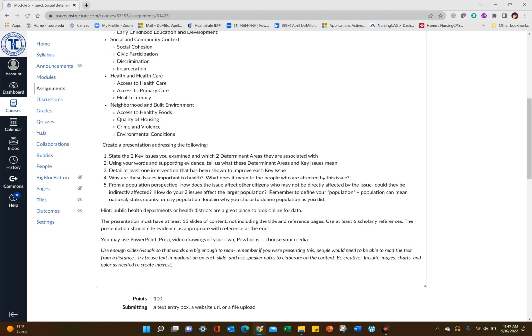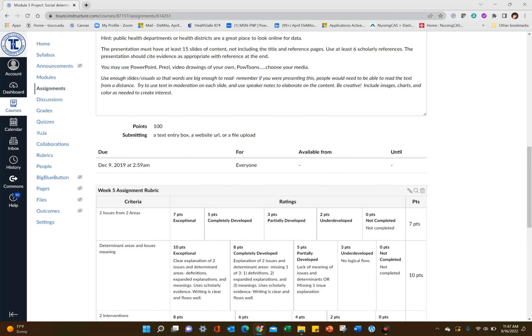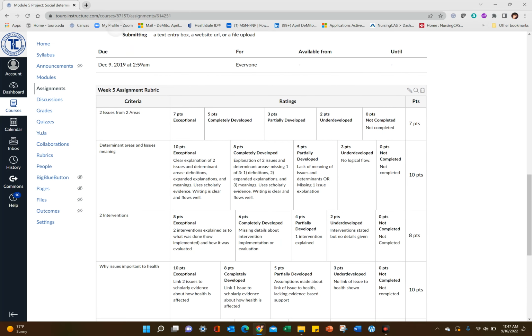Now, I want to go over the rubric a little bit because I think this is important information for you. If you want to do great on a project or paper or whatever you're doing, follow the rubric. If you complete all of the tasks appropriately in the rubric, you should get a perfect score every time. When you're missing things, that's when you start losing points. So let's see. We have 2 issues from 2 areas. If you do that, 7 points exceptional.